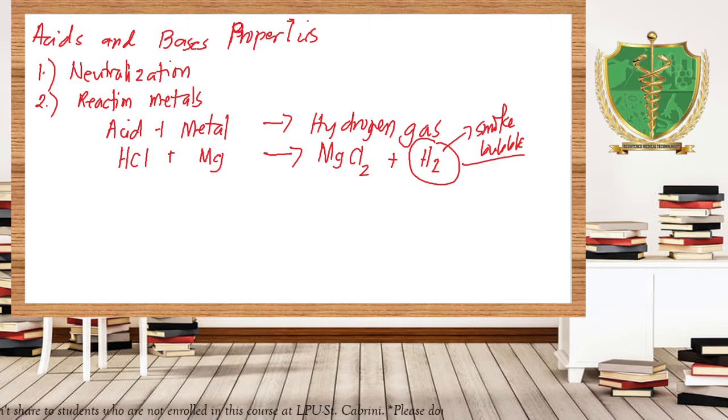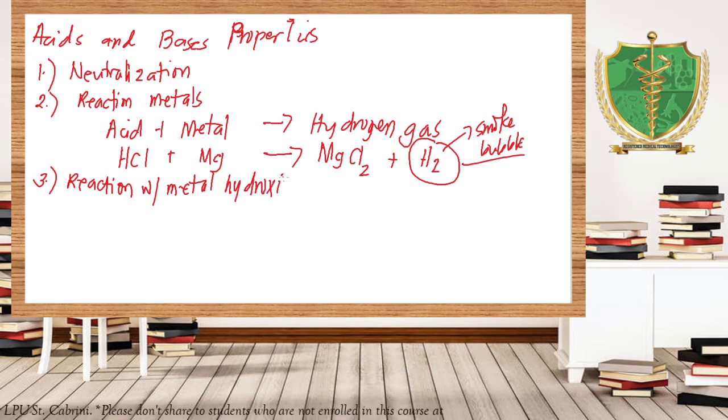Another property of acids and bases is the reaction with metal hydroxides. For example, we have hydrochloric acid plus potassium hydroxide. Now take note of this, guys.